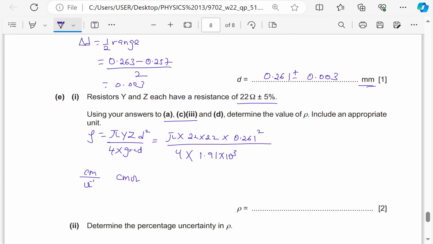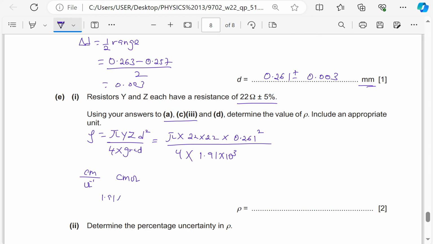The numerator is ohms times millimeters squared. So I'll change the gradient here from centimeters ohms to another unit, from centimeters ohms to millimeters. What will this be?